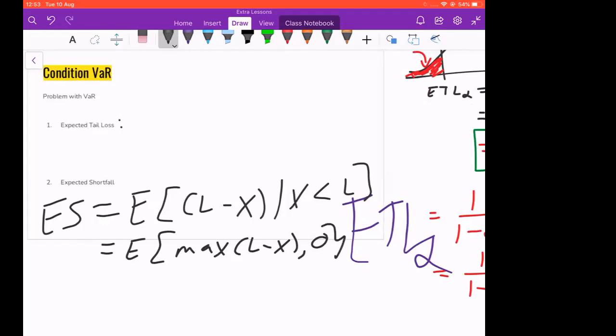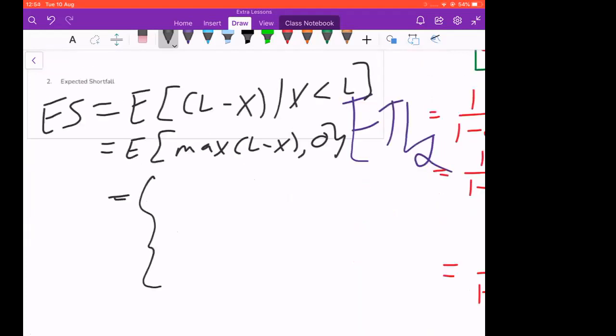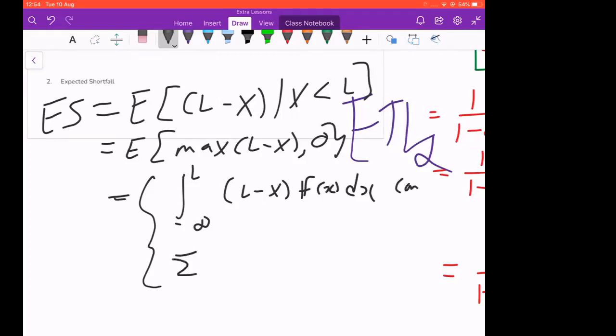So it's basically the same thing, because for continuous, it's going to be the integral from negative infinity to L of (L minus X) f of X dx. And for discrete, it's going to be the sum over X less than L. So this is your formula for expected shortfall.